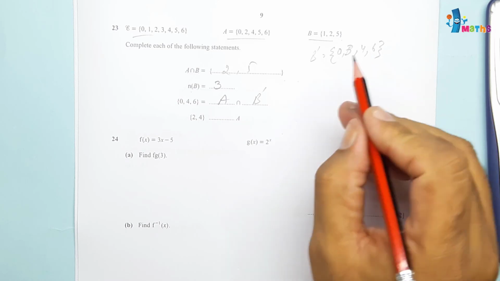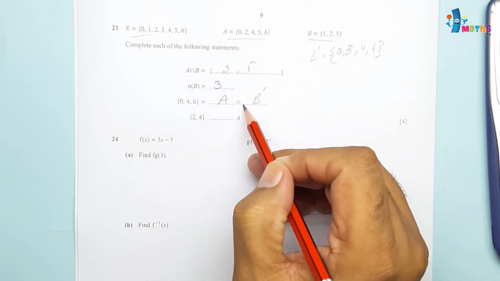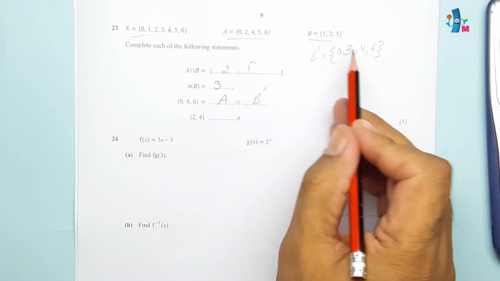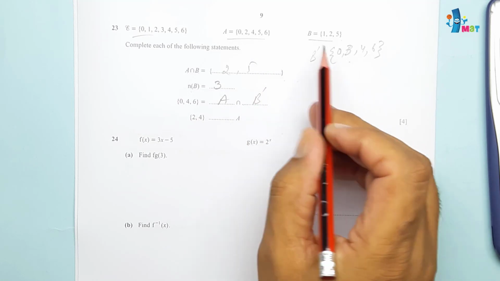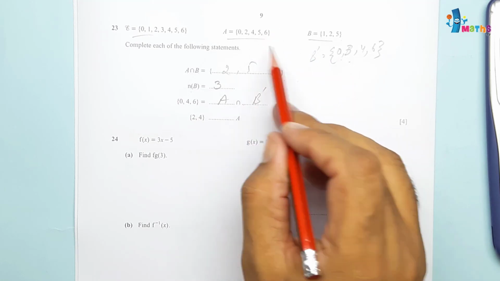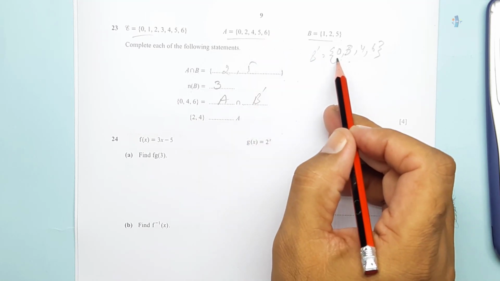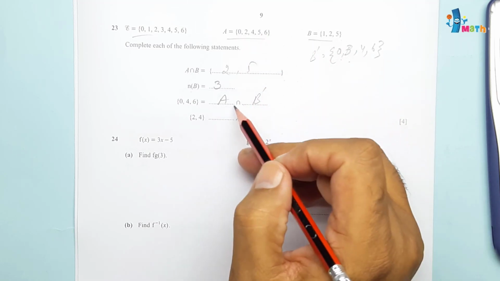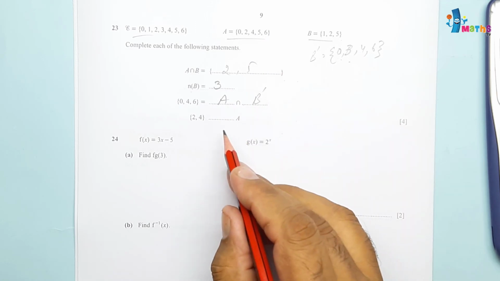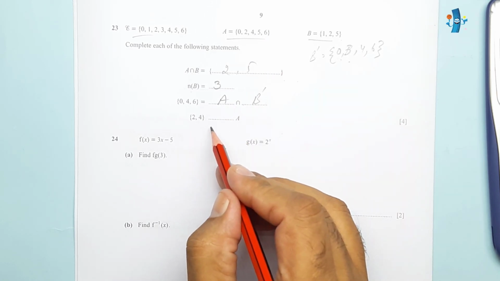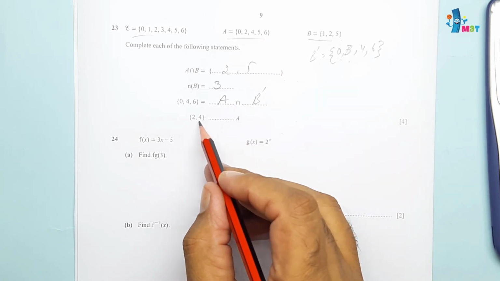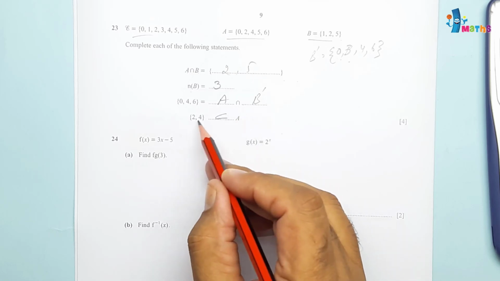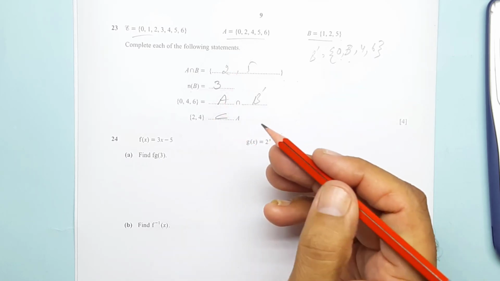And A intersection B complement. So whatever common in both will be 0 is in both, 4 is in both, and 6 is also in both. So A intersection B complement. And 2 and 4 are subsets of A. Both are members of A, so these are subsets of A.